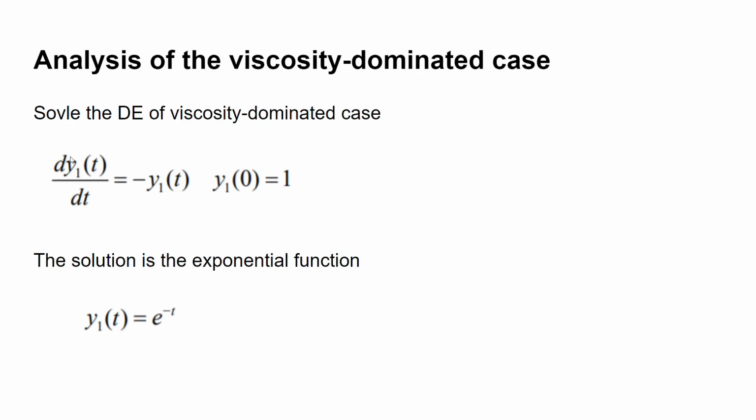We know that dy sub 1 of t over dt equals minus y sub 1 of t, and the initial value is y sub 1 of 0 equals 1. We can simply solve the differential equation and get the solution: y sub 1 of t equals e to the power of minus t.